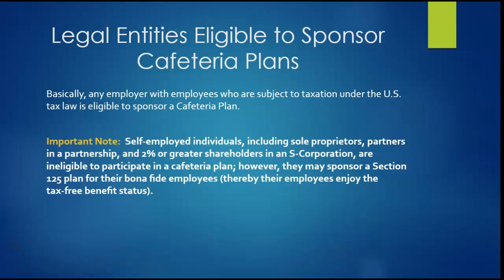The basic gist of this is letting you know that there are certain types of people that don't qualify for Cafeteria 125 plans. And again, not something I'm necessarily testing you over, but self-employed individuals, people that have a greater than 2% shareholder in an S corporation, are ineligible to participate in a cafeteria plan, but they can still offer it for their other employees.